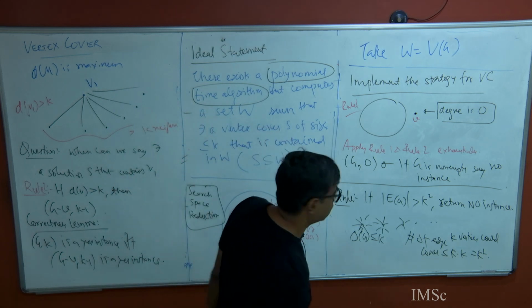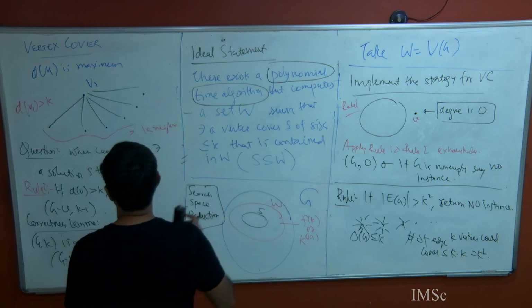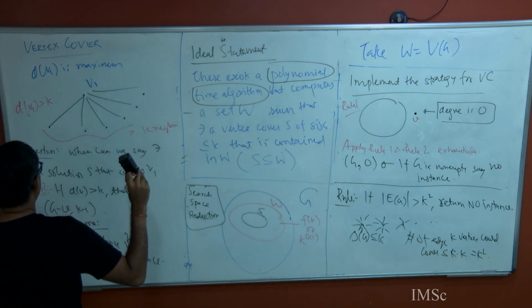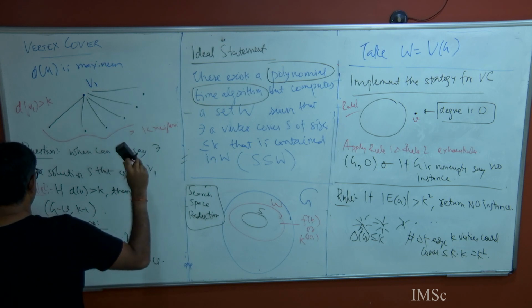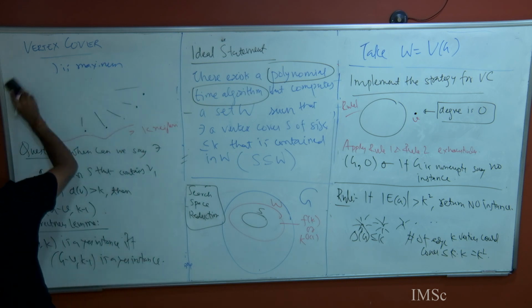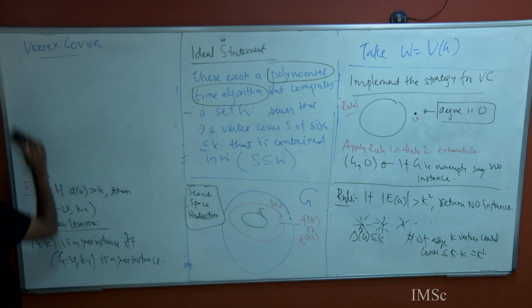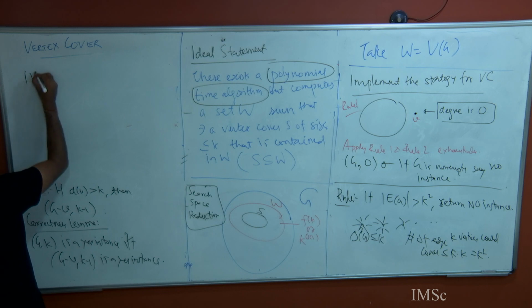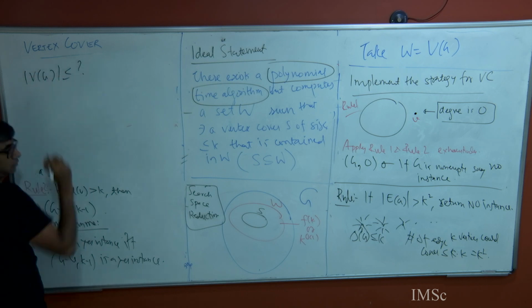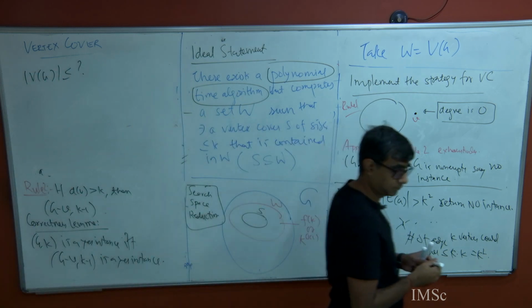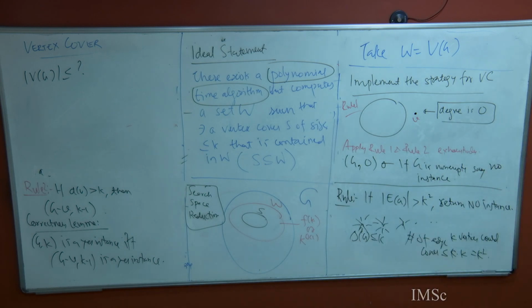How many vertices are there in this graph? You will see how many vertices are there in this graph. There are only that many edges, I agreed, but how many vertices are there?